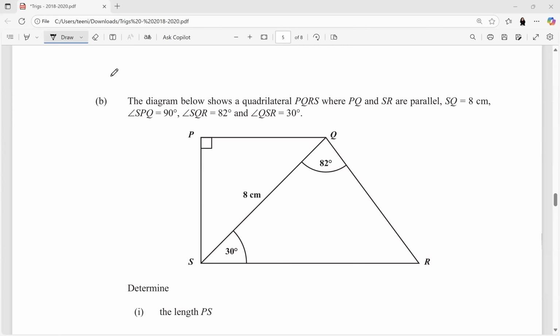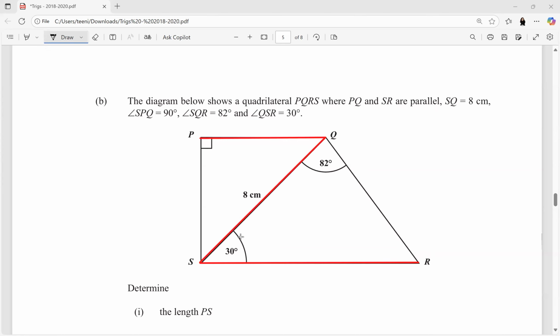One of the first things that's standing out to me here is that they said that the line PQ and SR are parallel. And if they are parallel, it means that this line SQ would be a transversal.